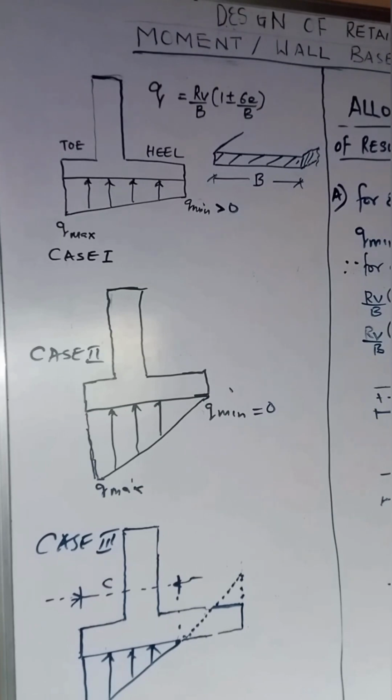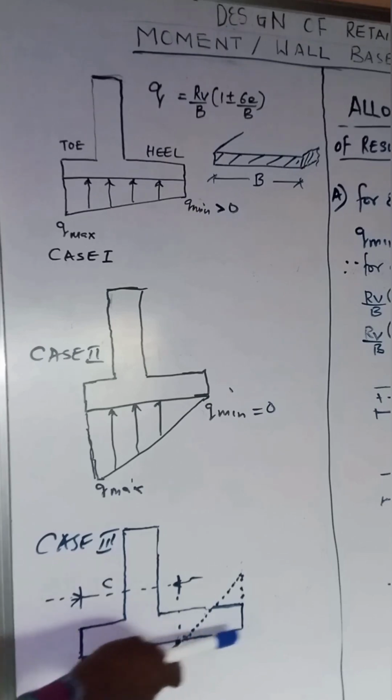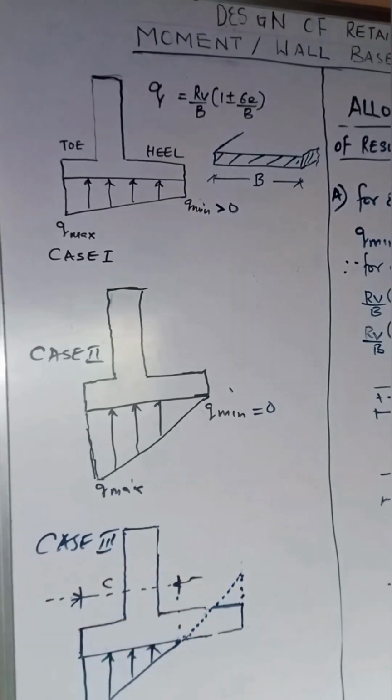So in case 3, we can say there's a loss of contact pressure within this zone, because here we're going to have a negative value for our pressure. Of course, we don't design with negative values, so we are going to design the footing using the positive pressure. Like we said in our previous video, a situation like this will cause heavy tensile stress to be developed at the toe of the retaining wall.